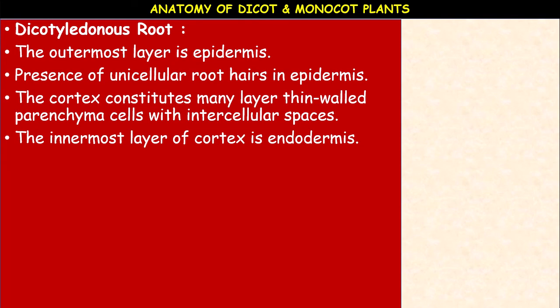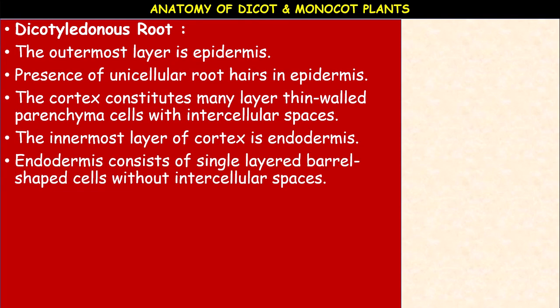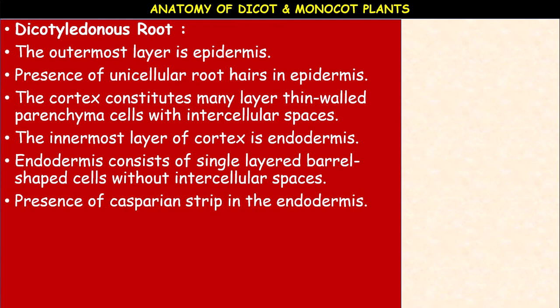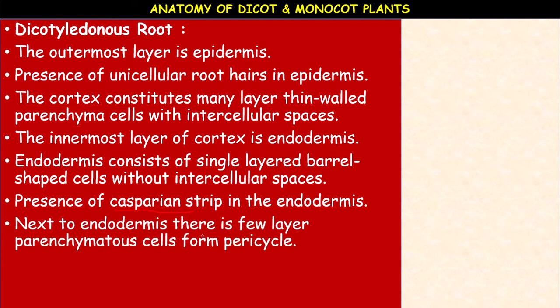The innermost layer of the cortex is endodermis. The endodermis consists of single layered barrel shaped cells without intercellular spaces. Another very important characteristic feature of dicotyledonous roots is the presence of Casparian strips in endodermis.